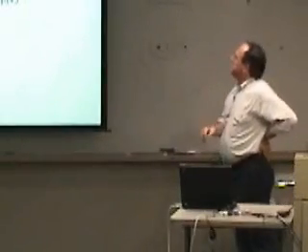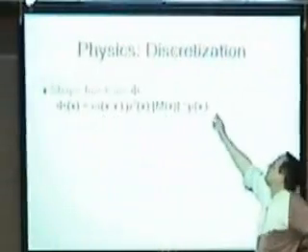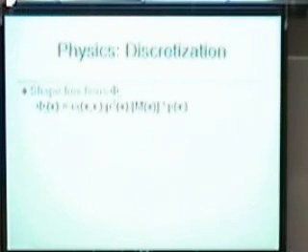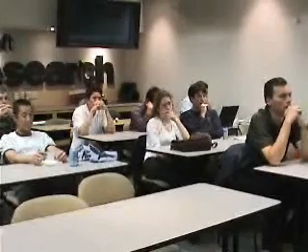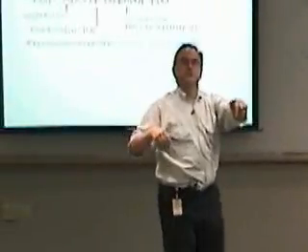So the shape functions are defined in terms of certain weights that I'll show you in a moment, and then this standard inverse of the moment matrix. That's one of the big expenses in doing this kind of point-based simulation: you have to invert this matrix at every node, at every step. What you get from this construction is that these shape functions, summed over all the nodes at any point of the domain, sum to unity.